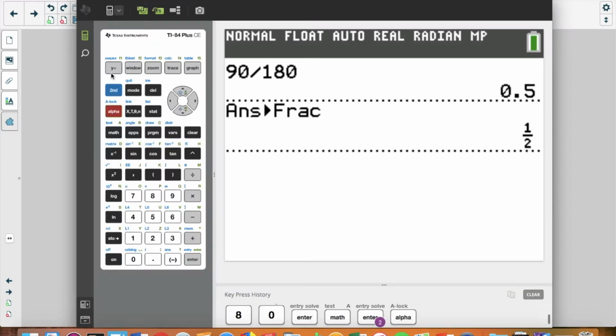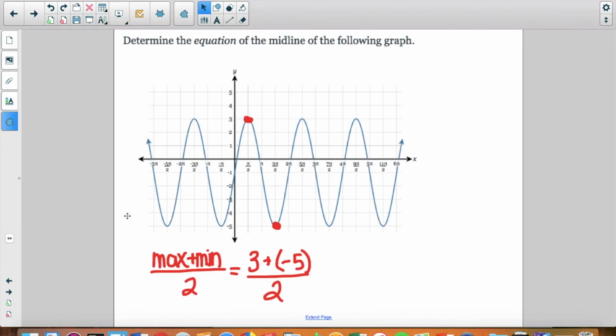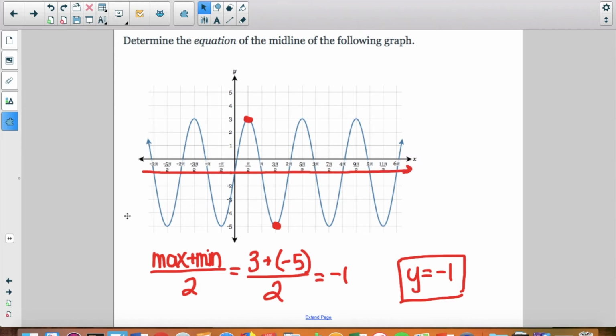So y equals 3 plus -5 divided by 2, and it gives us -1. That tells us that our midline is at y equals -1.